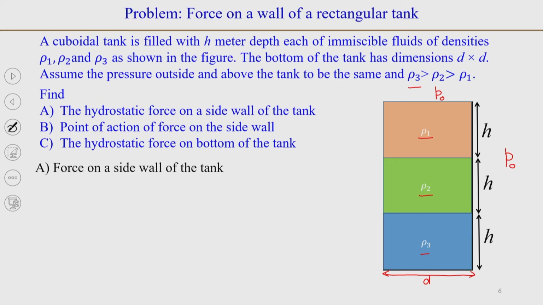So, that is what we will do. The side force in the first liquid column at the top will be acting on the centroid of this liquid column. So, that will be H C 1, which is equal to H by 2.